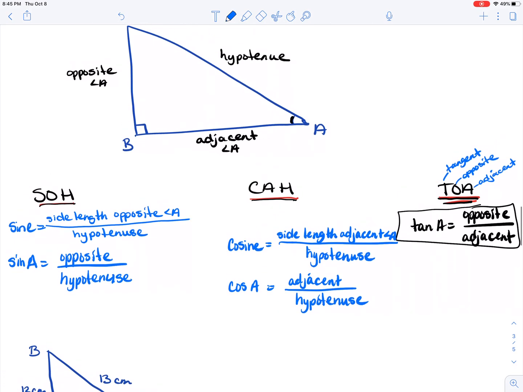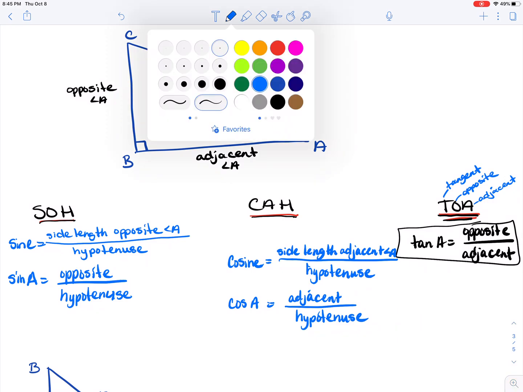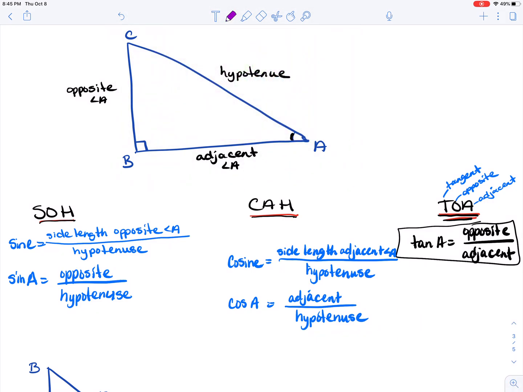Now I can write these in terms of A, B, and C. I'm going to do that just so you can see how you might see it on questions in tests, quizzes, or even in your homework. So sine A equals the opposite, that is CB, all over the hypotenuse, which is CA.